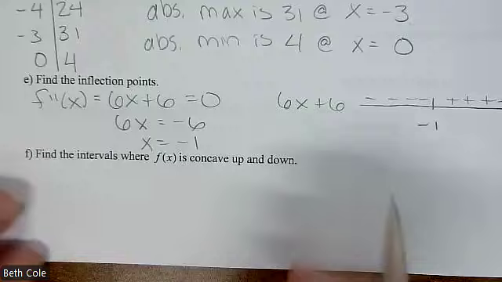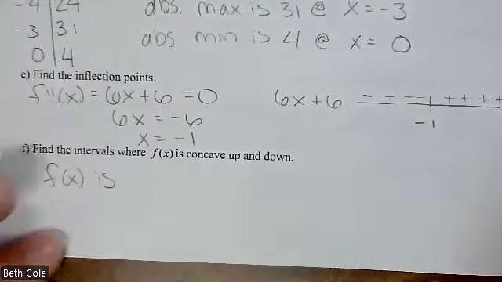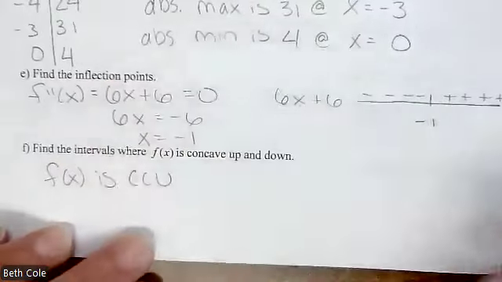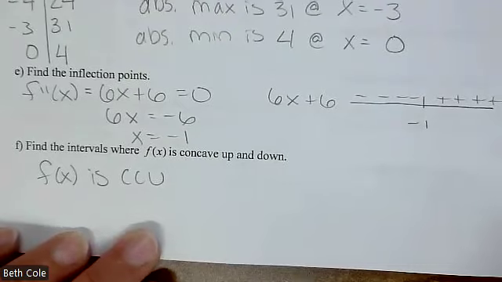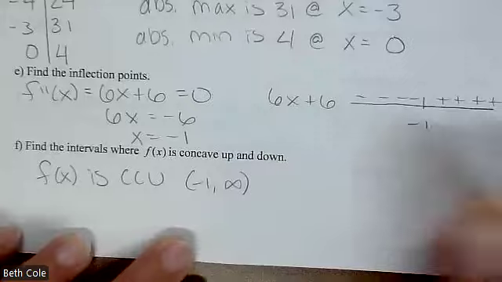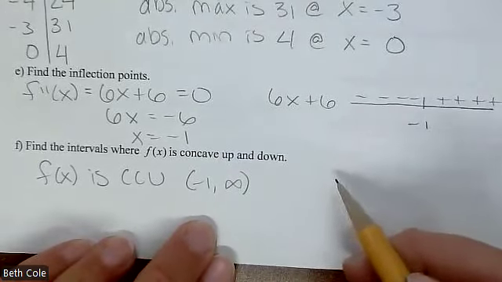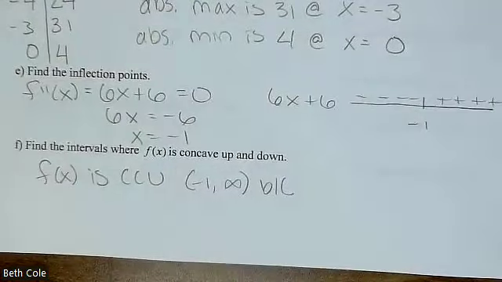Okay. Your sentences are going to start the same way. F of x is or F of x has. All right. So F of x is concave up. Where do you think? Look at our number line that we drew. -1 to infinity. I didn't have a justify here, but we're going to write it because this is the new stuff. So because, who's your source this time?